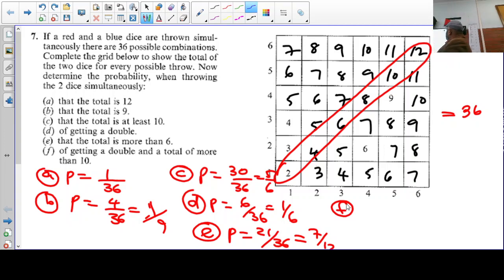The only option more than 10 is 12. So what would the probability then be? 1 over 36. Not 12 over 36. Why? Because of the favorable outcomes. There's only one that fits what they're asking for, over the number of possible outcomes, which is 36.